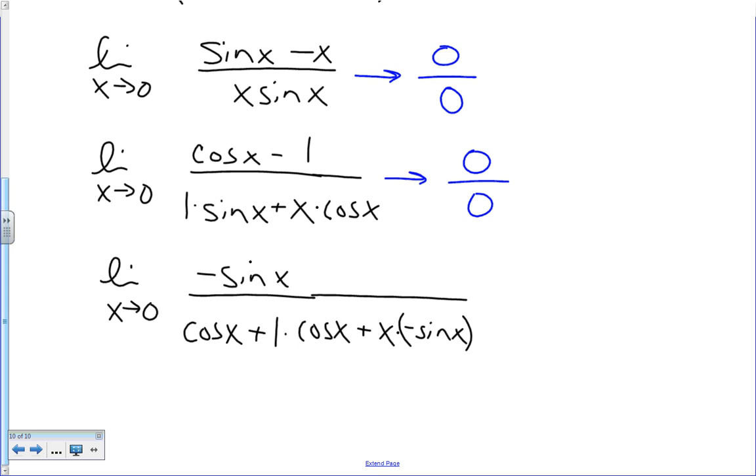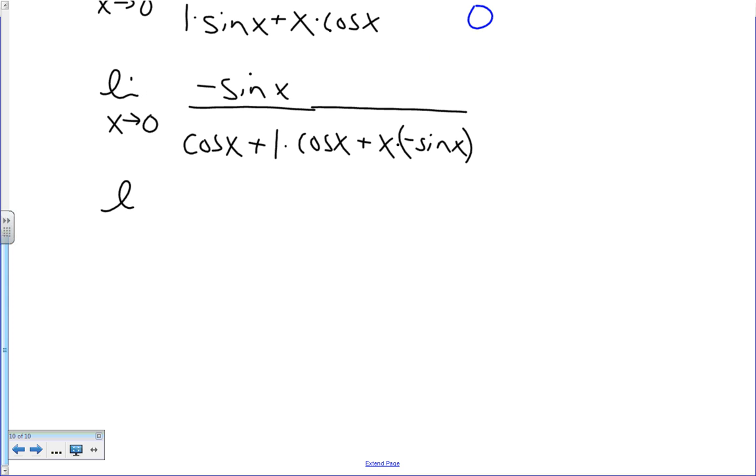And if you can simplify this, there's a couple things I can combine here. I don't know that it will help me at all in evaluating this, but I got cosine plus cosine in the denominator, so I'll rewrite that as 2 cosine of x, and then minus x sine of x.